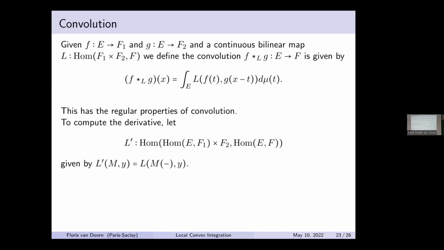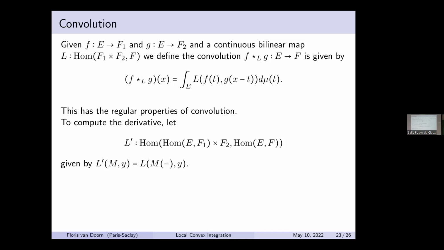To compute the derivative, I need to define a new linear function. All the homs here are continuous linear maps, and it takes an argument in this space of continuous linear maps and an argument in F2, and it gives a new continuous linear map, defined this way.